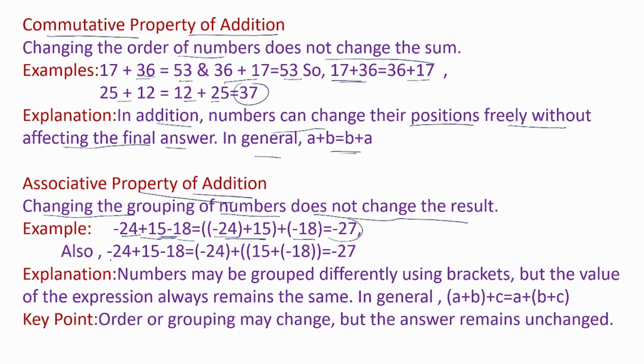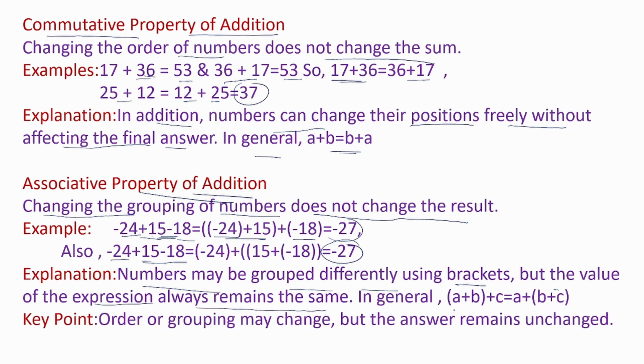Also, -24 + (15 - 18), here we group the last two numbers, which is also equal to -27. Whether we group the first two numbers together or the last two numbers together, the final answer remains the same. Numbers may be grouped differently using brackets, but the value of the expression always remains the same.